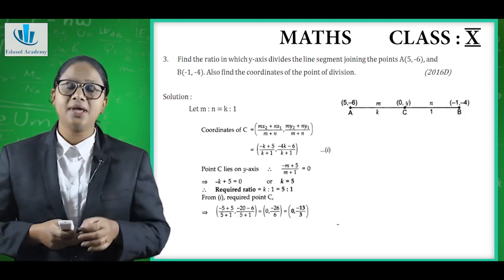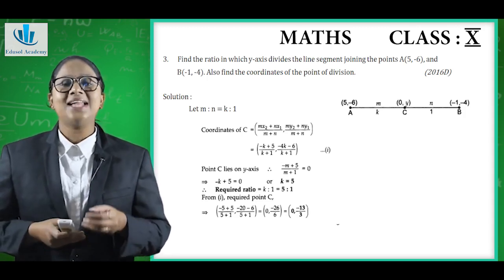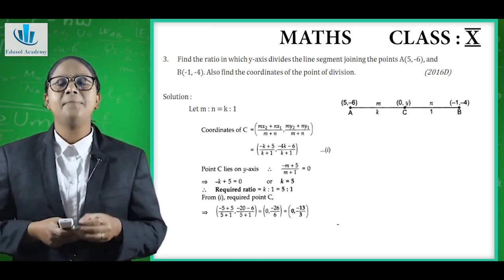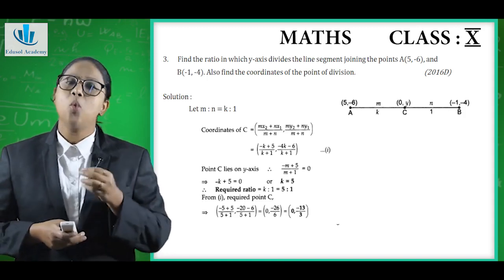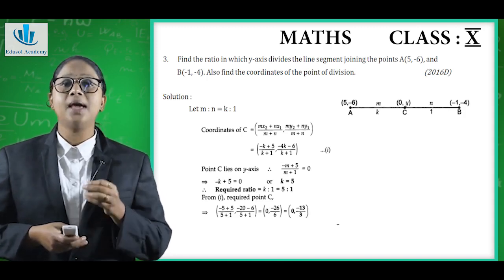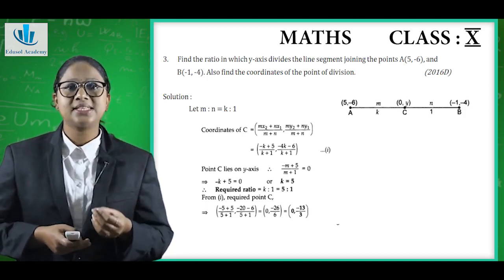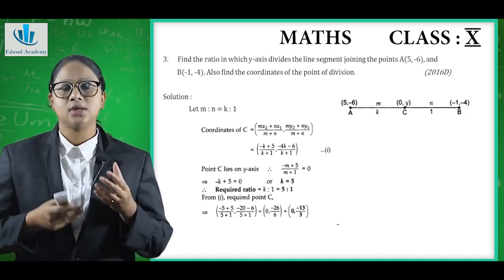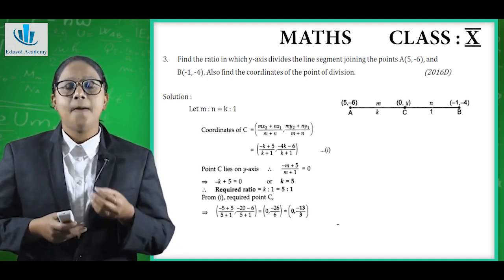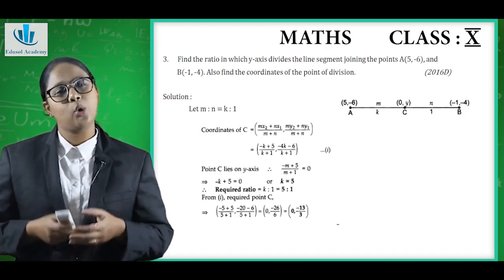So let C be the point in between A and B, let the coordinates of C be (0, y), and the ratio is taken as k is to 1. Now we can apply the section formula. So (negative k plus 5) by (k plus 1) will be the x coordinate of C, and (negative 4k minus 6) by (k plus 1) will be the y coordinate of C.